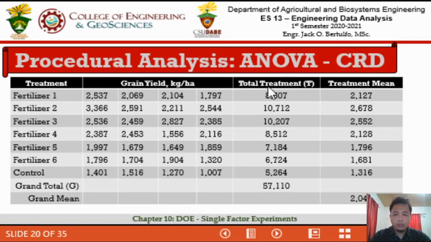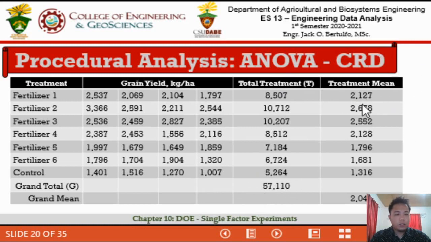Here is the treatment total. You just add this, class: 2,537 up to 1,797, so you have 8,507. Do this in all rows. Then just add this part here, and you can have the grand total. Okay, so this is the grand total.